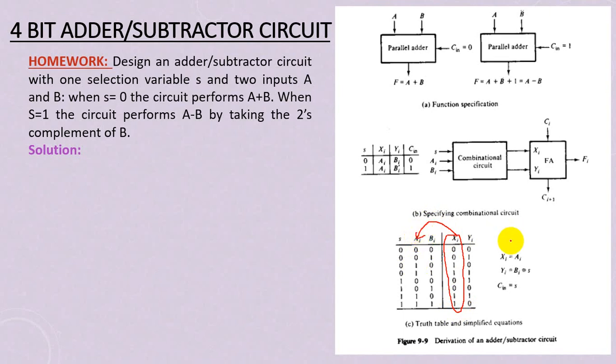But we modify b. When s equal to 0, we don't modify b. Keep as it is, and carry in equal to 0. In that case, we don't modify.